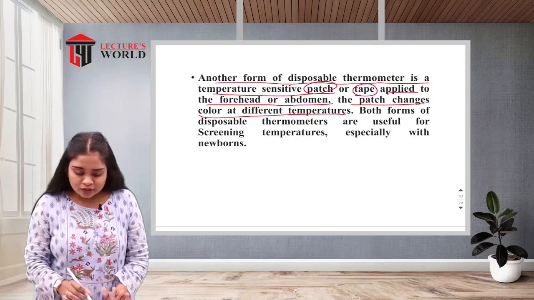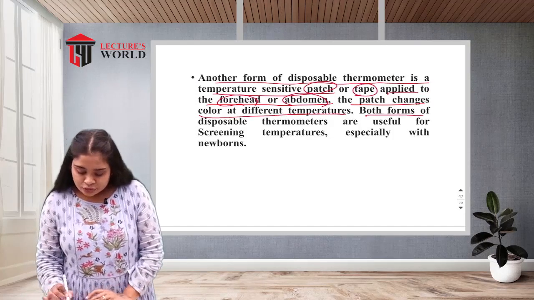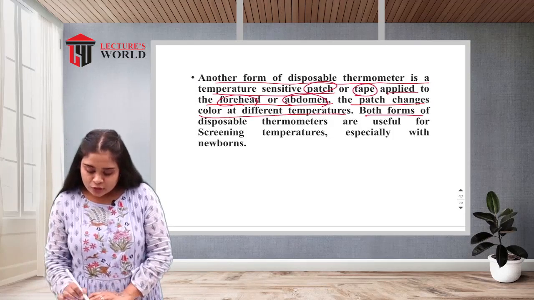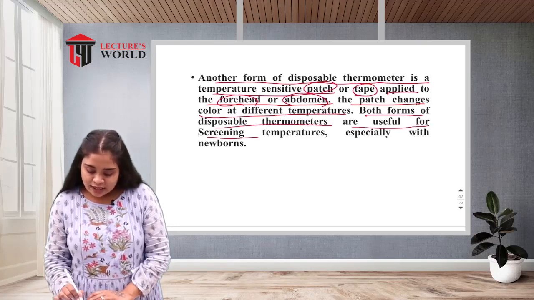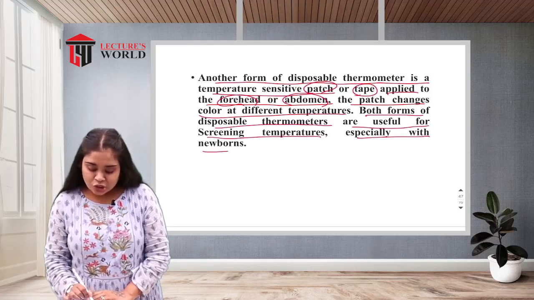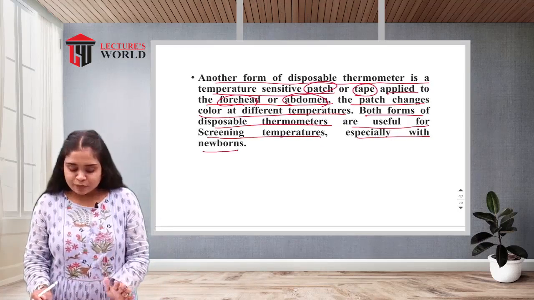You can apply it over the forehead or otherwise the abdomen. Both forms of the disposable thermometers are useful for screening temperature, especially for newborns. So mostly we are using them for children, newborns or neonates.